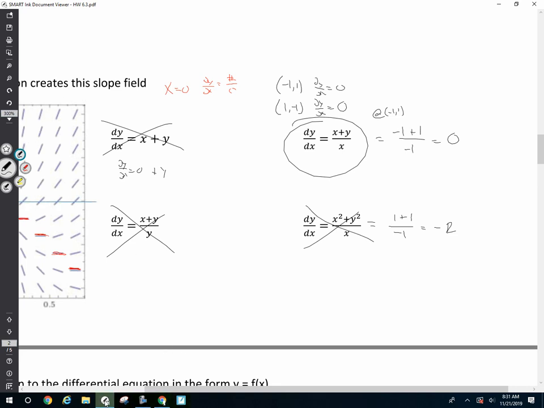So utilize your obvious tangent slopes to create some points that you could check.